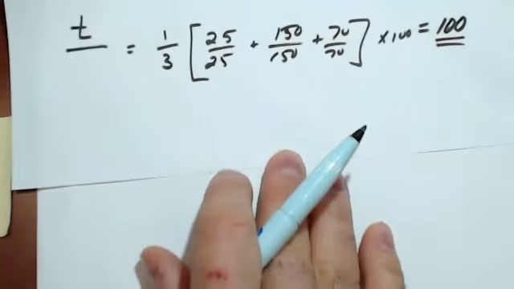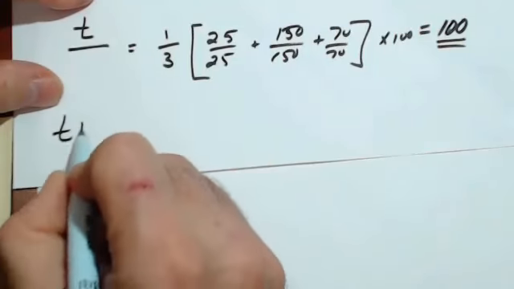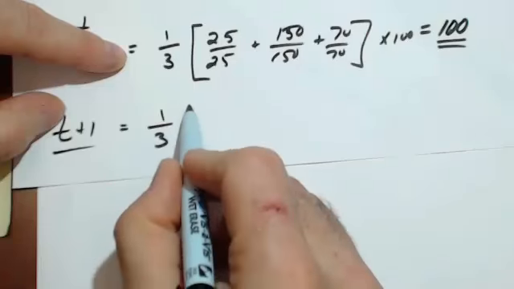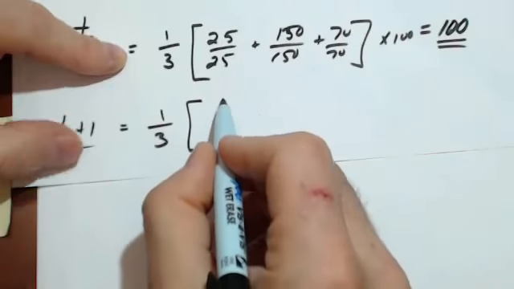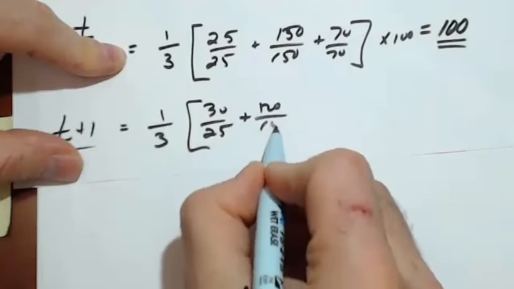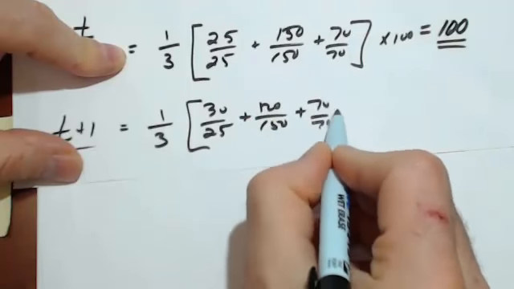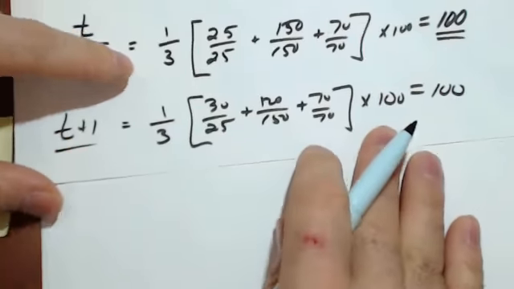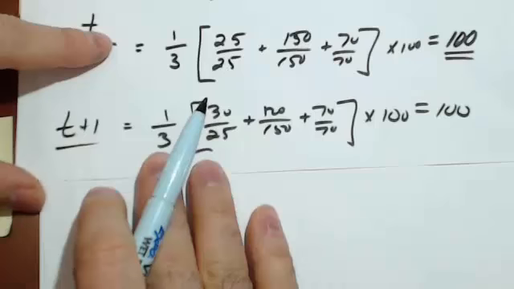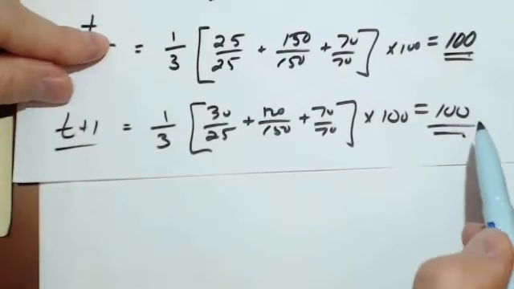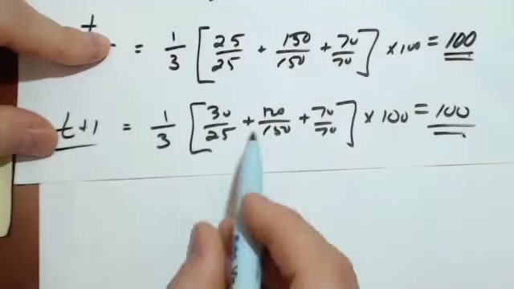Great. Now let's look at t plus 1. We'll calculate the index. So it's 1 over 3. Ooh, look at this. When we calculate it, the equal weighted index is unchanged. It stayed at 100. Look what happened here.